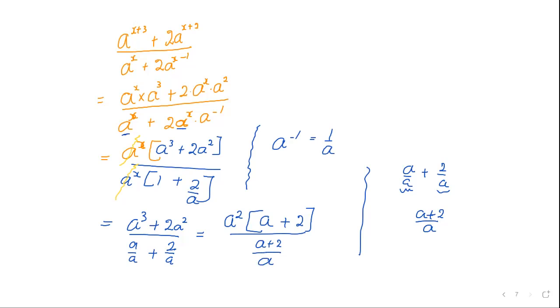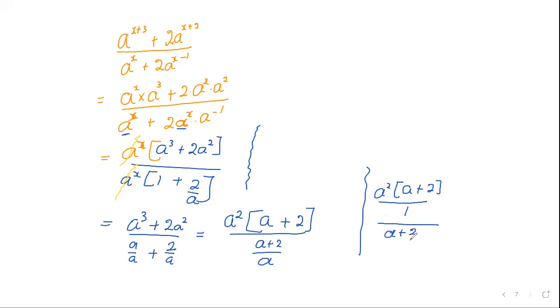And that can be further simplified. You can simplify that as a squared into (a plus 2) to the power of 1, divided by (a plus 2) over a, which will give us a squared into (a plus 2) over 1.